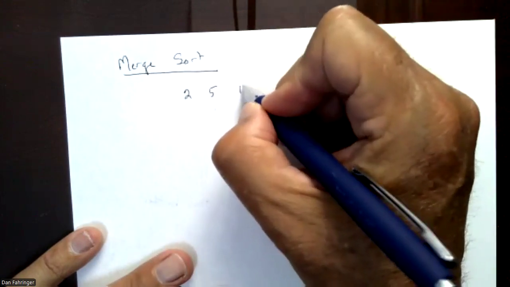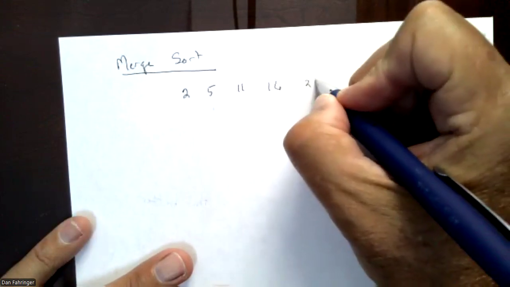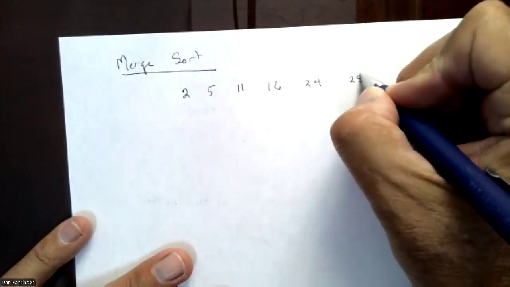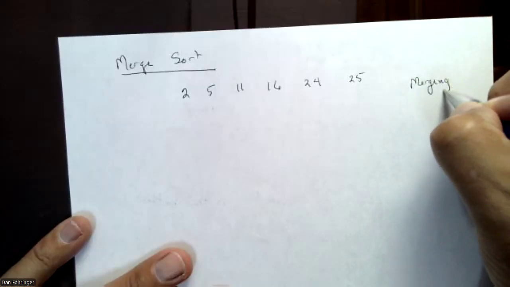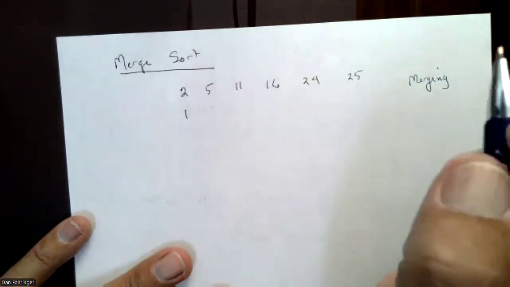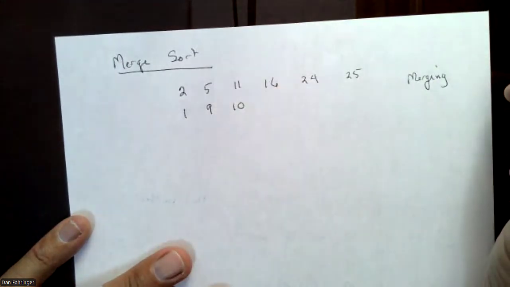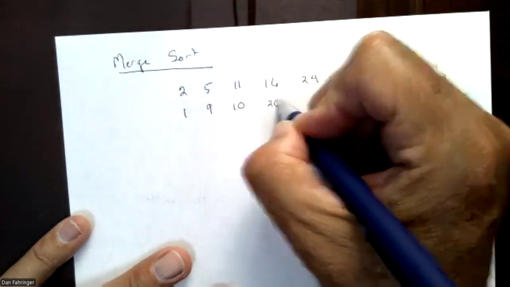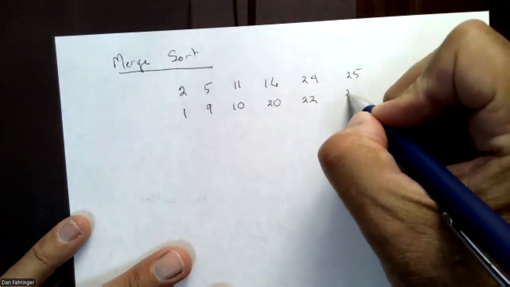I'm going to make these both sorted lists. 11, 16, 24, 25. And this is the concept of merging. Second list, 1. Need to make sure I don't reuse numbers. 9, 10, 20, 22, and 26.